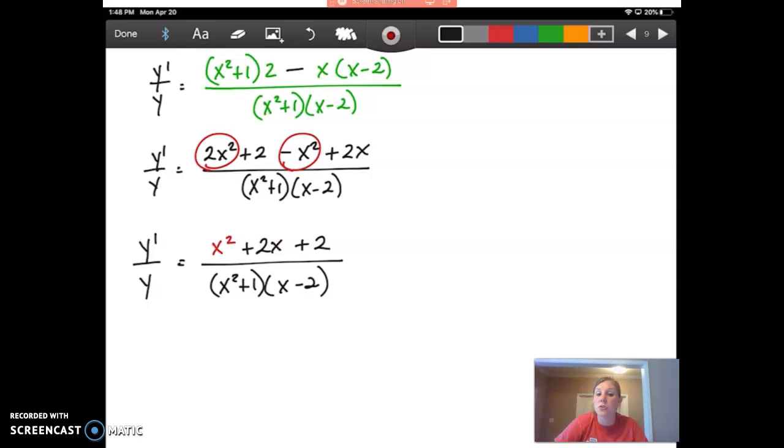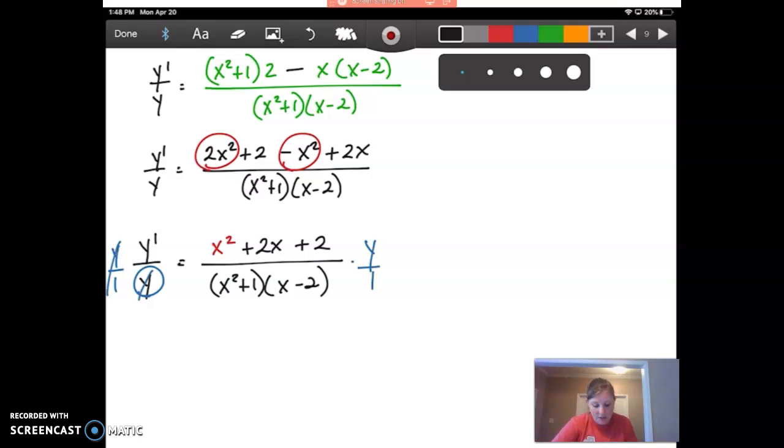Now we're solving for the derivative here. So what we're actually going to do is solve for y prime, meaning I'm going to move this value to the other side. The way that I'm going to do that is multiply by the reciprocal, y over 1. When I do that, that eliminates the y on the left, leaving me with the derivative of y.